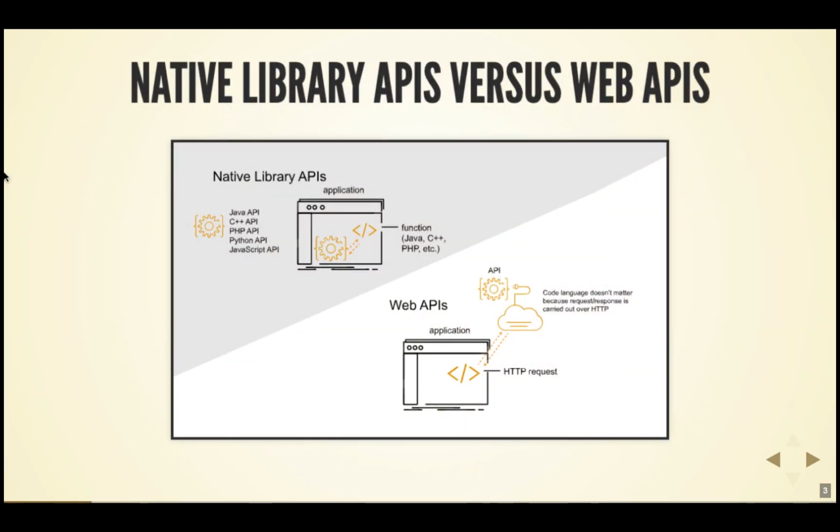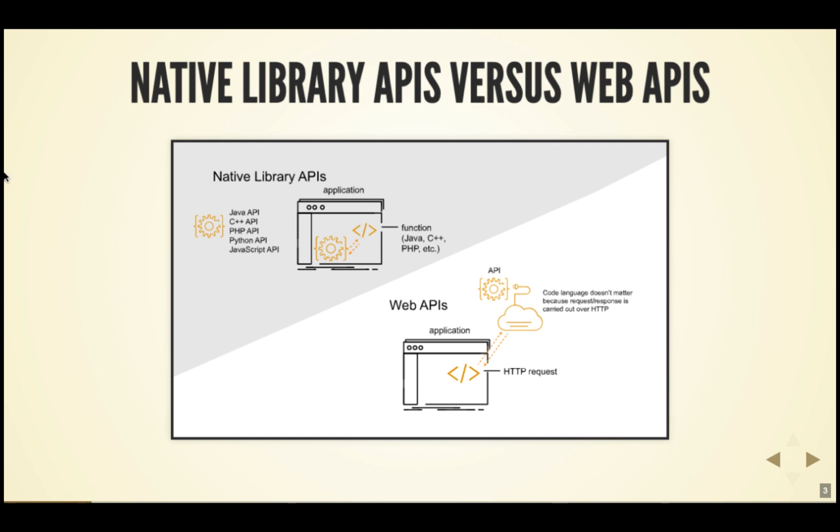There are two general categories of APIs. The more traditional one is a native library API, or a library-based API. This is an API that involves a chunk of code that a developer puts into their project locally, right?